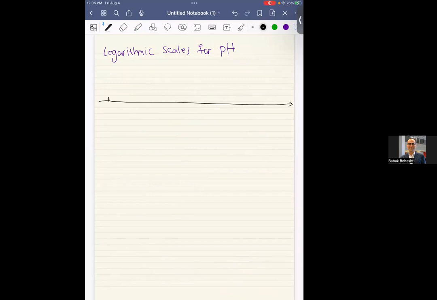It's like intensity versus the magnitude. Here these are the pH scales, these are like magnitudes of the pH: 0, 1.